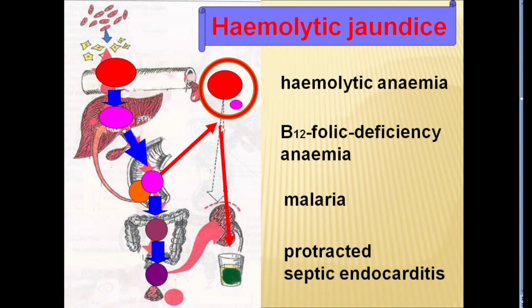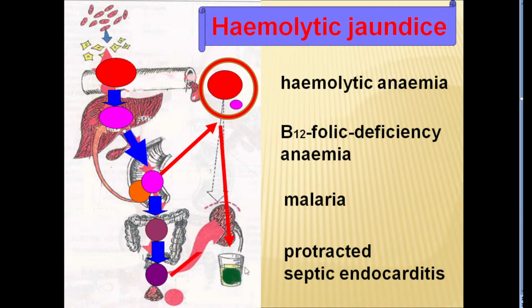Because primary level of unbound bilirubin is increased, the amount of conjugated bilirubin also increases, which will be seen in the dark color of feces and dark color of urine.